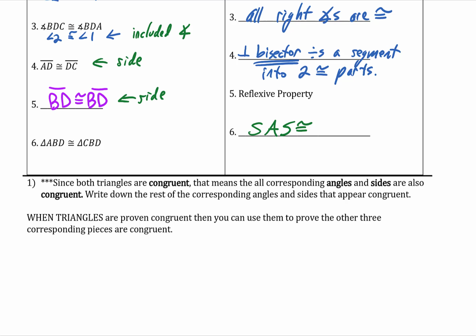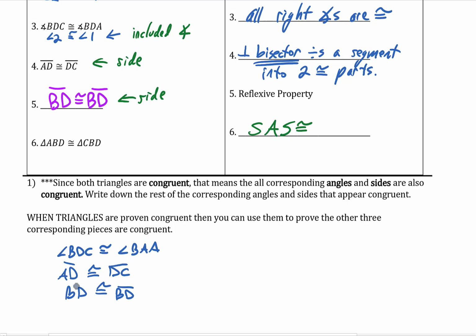So let's list what we already know. We know that angle BDC is congruent to angle BDA. AD is congruent to DC. BD is congruent to itself.